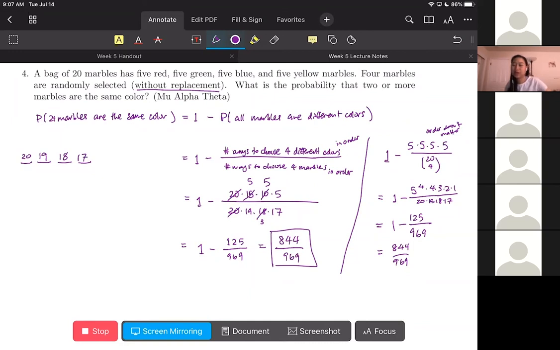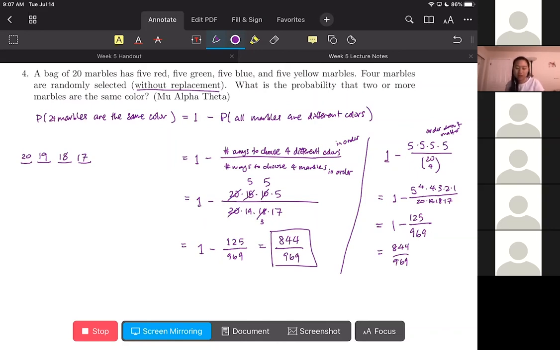So a couple takeaways on the casework thing. On the complementary probability, one sign is when you might end up doing a lot of casework. That's when you want to see, hey, is it easier to do this using complementary probability?